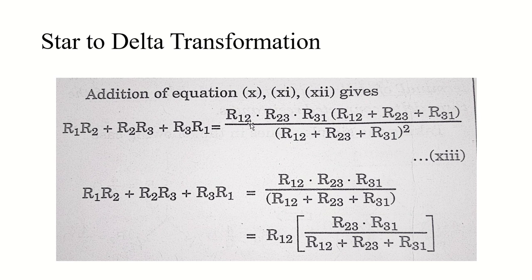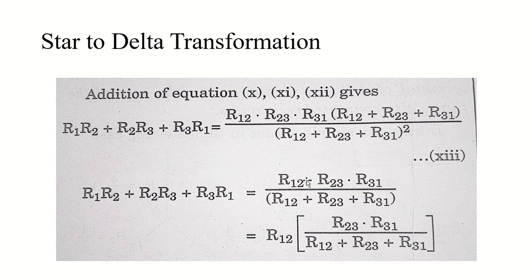So we are getting R12 dot R23 dot R31 into the summation of R12 plus R23 plus R31 divided by the square of R12 plus R23 plus R31. Now you see we have the same values in the numerator as well as the denominator, R12 plus R23 plus R31 and R12 plus R23 plus R31. Won't they cancel each other out? So they will cancel each other out, and what will we be left with?